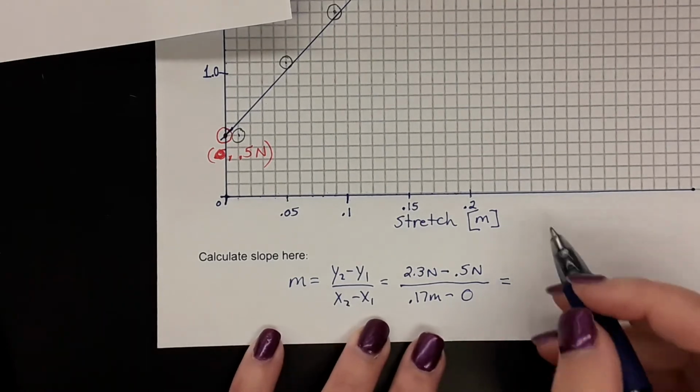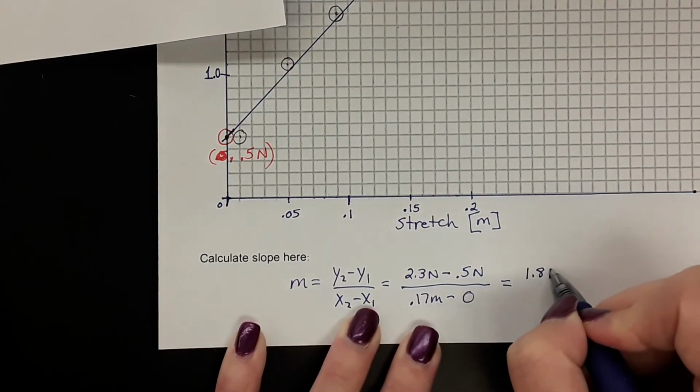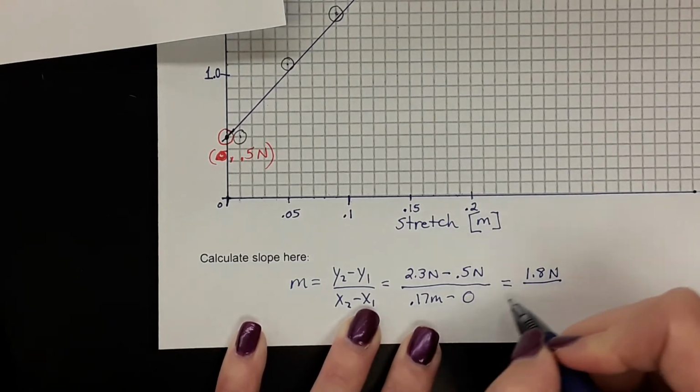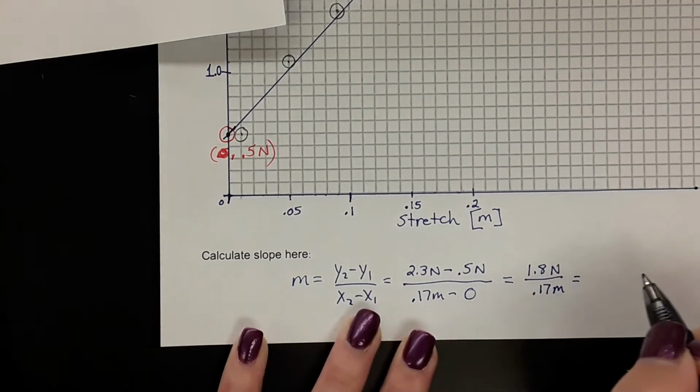So now we subtract. I get 1.8 newtons on top, and 0.17 meters on the bottom.